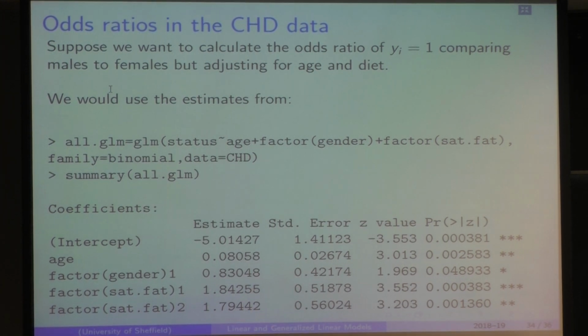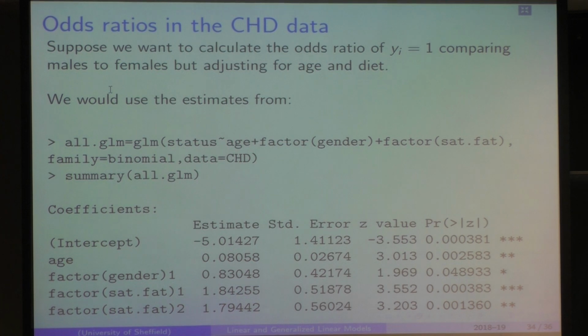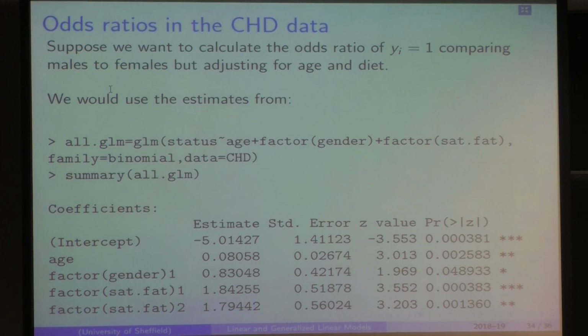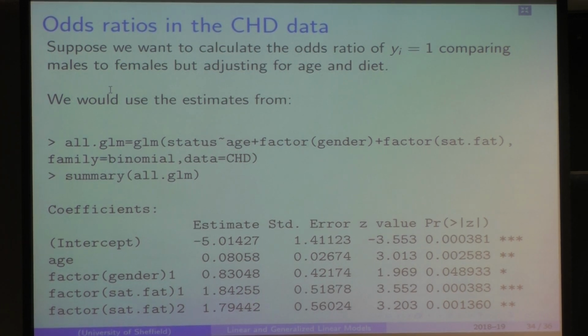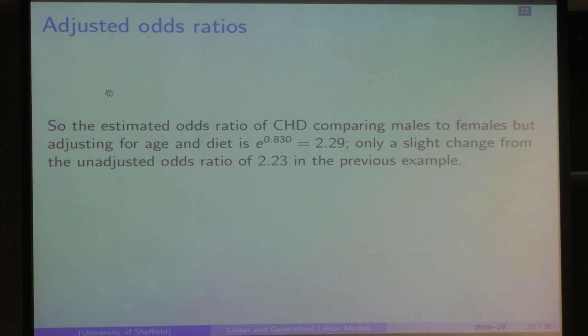It's 0.83048. To get the answer, we just need to take the exponential of that value. So our estimated odds ratio for males compared with females, adjusting for age and diet, is e to that estimate, which turns out to be 2.29.